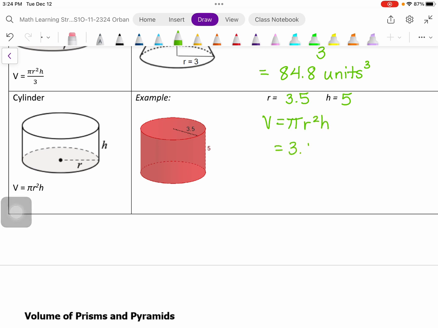So we have 3.14. r is 3.5. We'll square that and multiply by 5. So into your calculator, 3.14 times 3.5 times 3.5 times 5. And that will round to 192.3. Once again, no units, so we'll write the word units, and they are cubed.